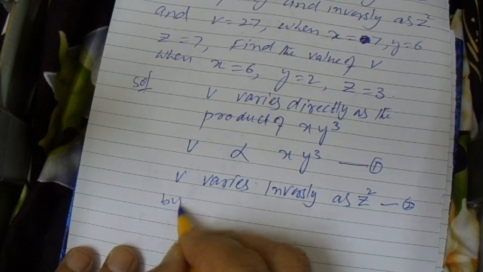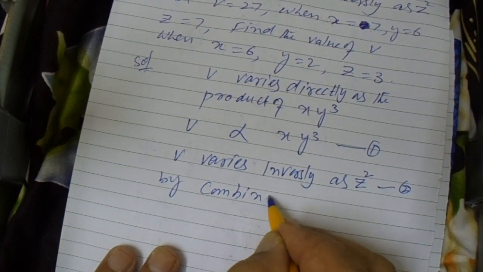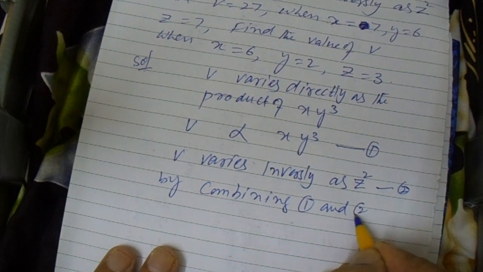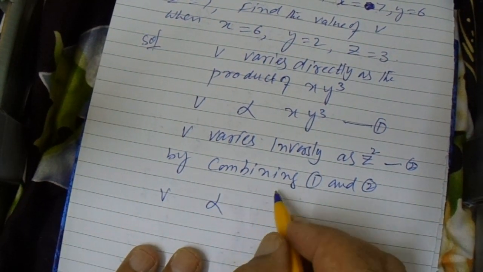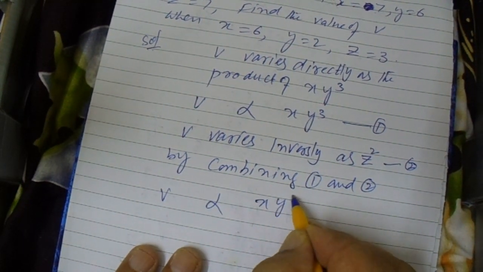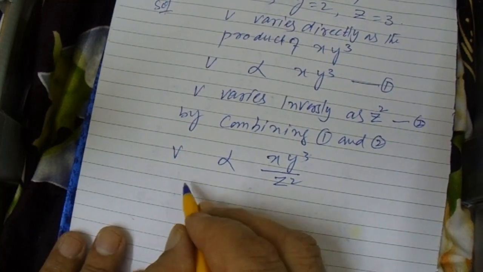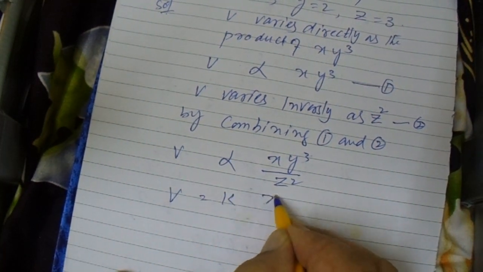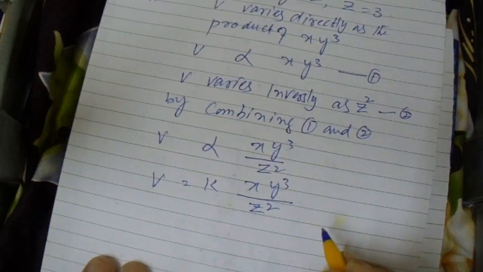By combining 1 and 2, we write V varies as x y³ over z², and we write this V = k x y³ over z².